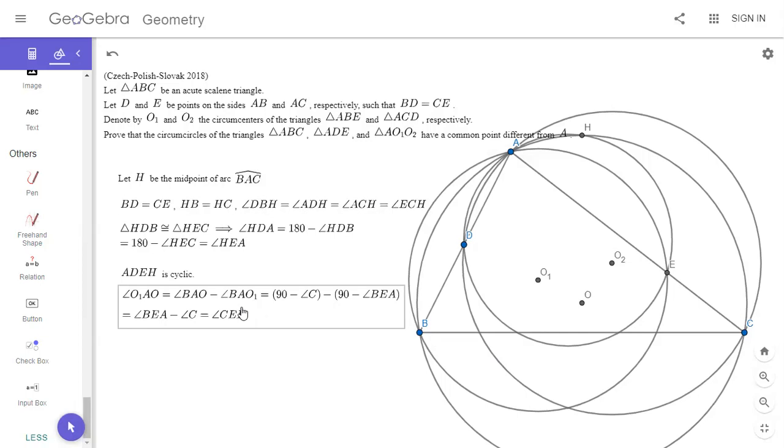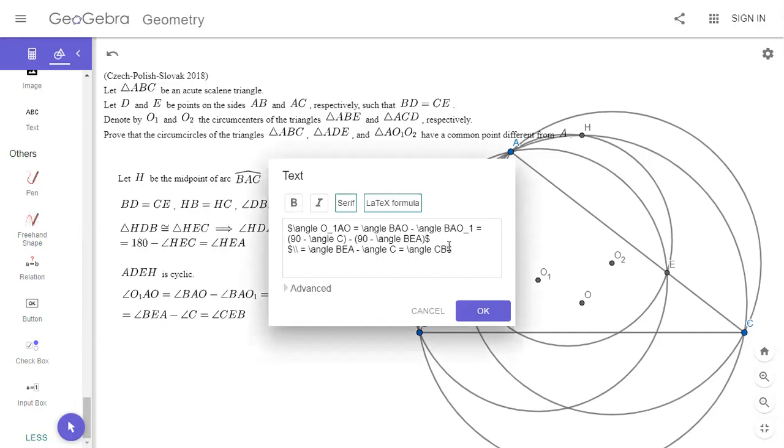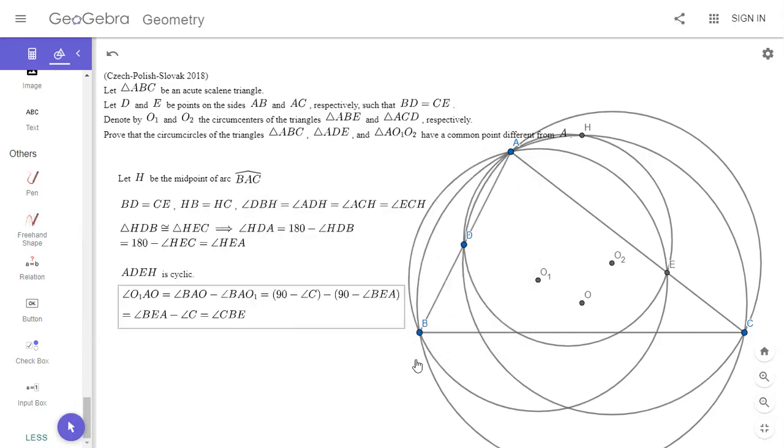Wait, BEA minus CBE. Okay, so that's one of the angles. And then for another angle, I think AOO1, is that the other angle that you saw?